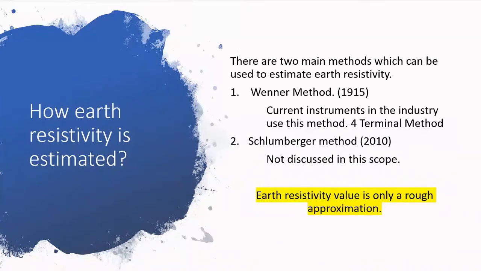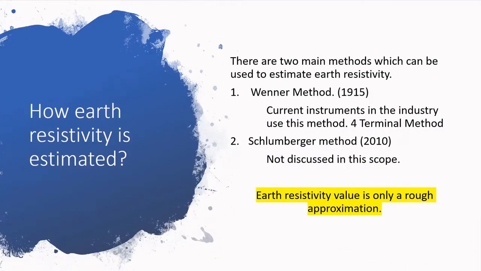This method is also called the four-terminal method, and this is the method we are going to learn in this scope. So the next method, which is called Schlumberger method, is introduced in 2010, and this is also an extension to the Wenner method. So we are not going to discuss the Schlumberger method in this scope. You can do a self research or your own study on this Schlumberger method and find out how it deviates from the Wenner method.